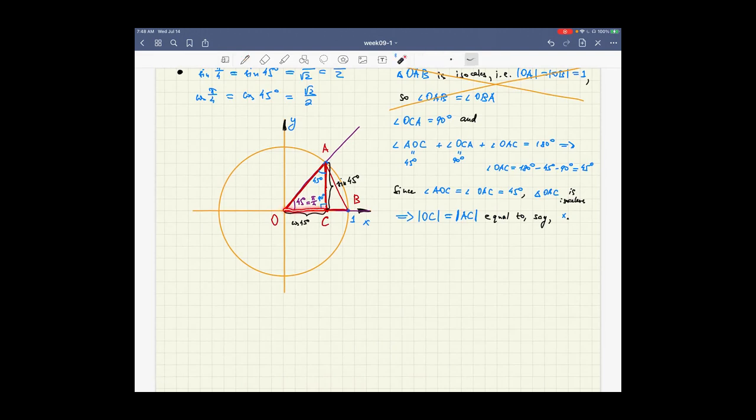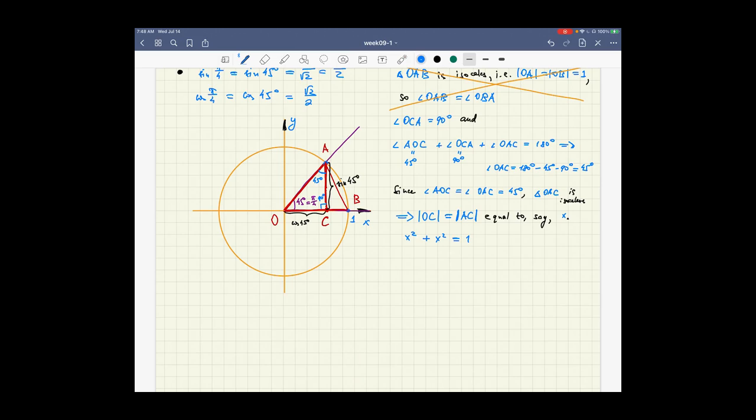The square of this leg, which is x, plus the square of this leg, which is also x, equals 1, the square of the hypotenuse.